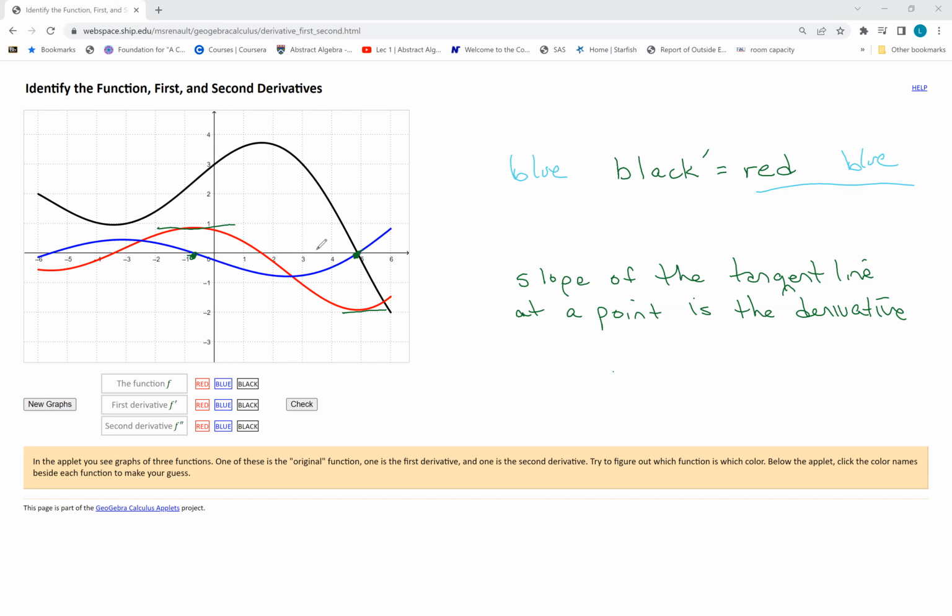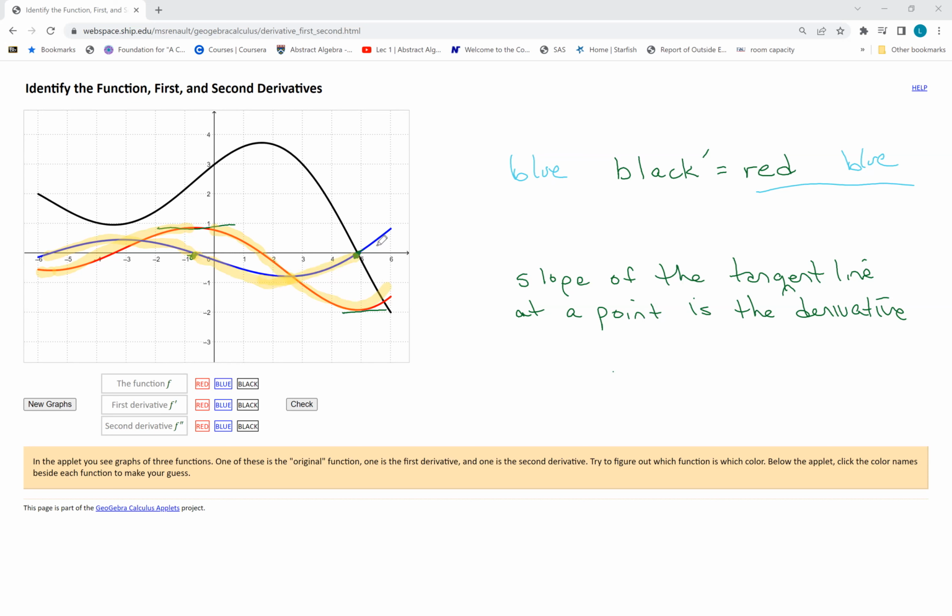And then we can look and make sure they're increasing and decreasing at the same parts. So I think that blue is a derivative of red. So here we're increasing all the way to here. And notice I have above the x-axis till I get to that point. Then I'm decreasing. And that means I'm below the x-axis to here.